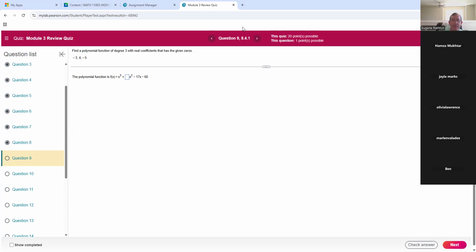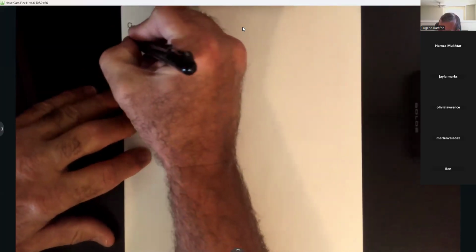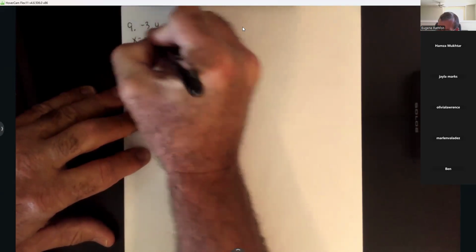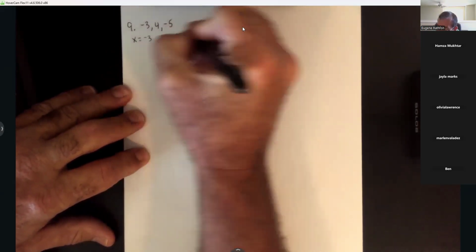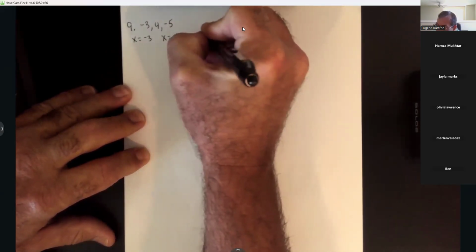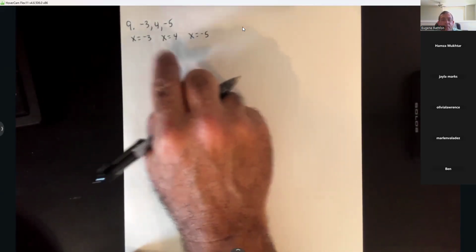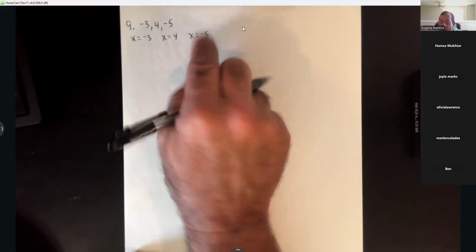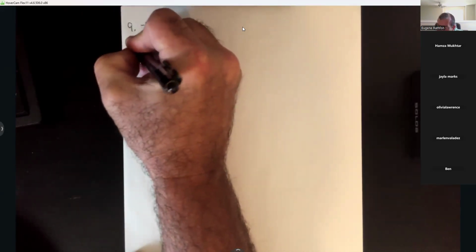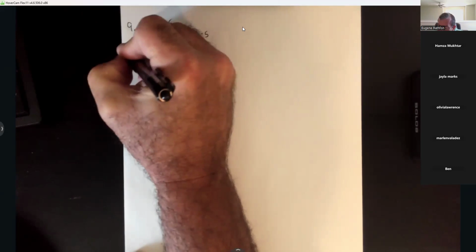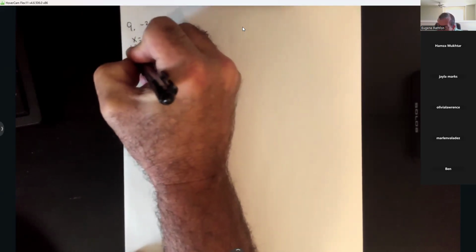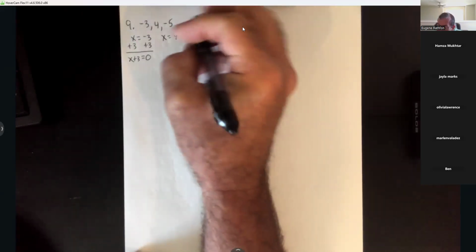All right, so let's go. Since these are zeros, that means they were solutions. And these were the problems where I worked in reverse. I needed a 0 on the right side of each of these. So I'm going to add the opposite to both sides. So I get an x plus 3 equals 0.